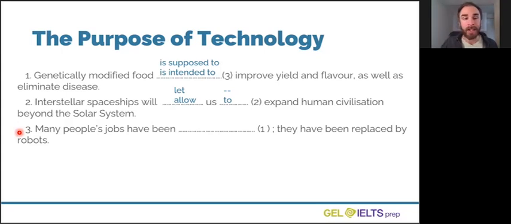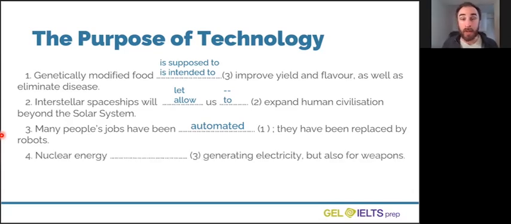The correct answer is automated. This is a passive construction. Many people's jobs have been automated. They have been replaced by robots. So those jobs are not necessary to be done by a human because it's faster, easier, cheaper, more efficient to use a robot.